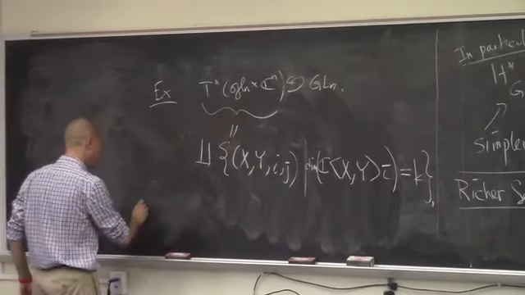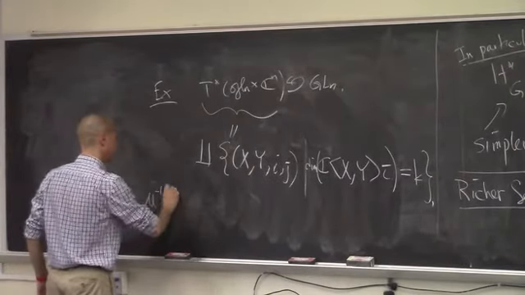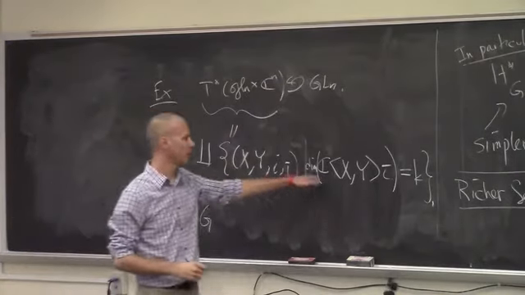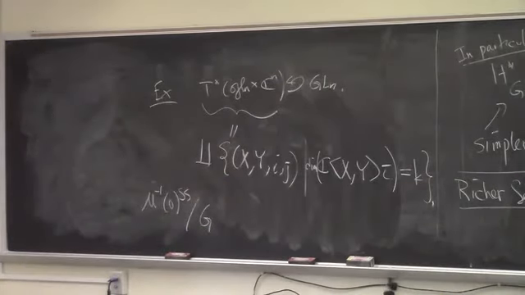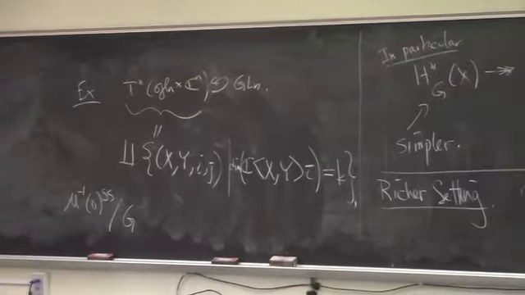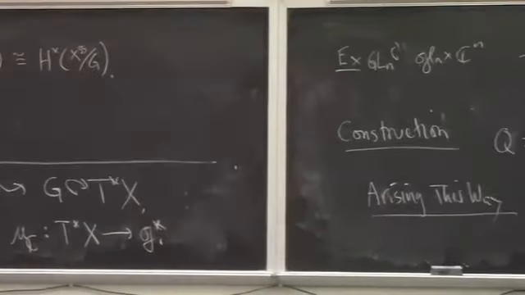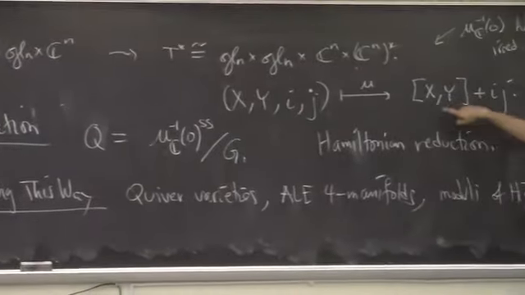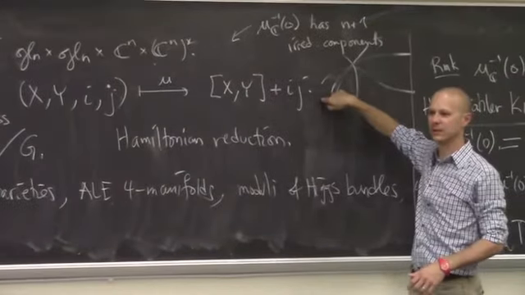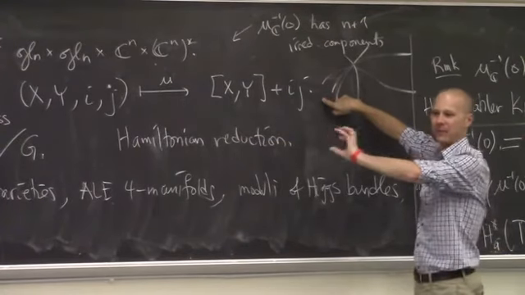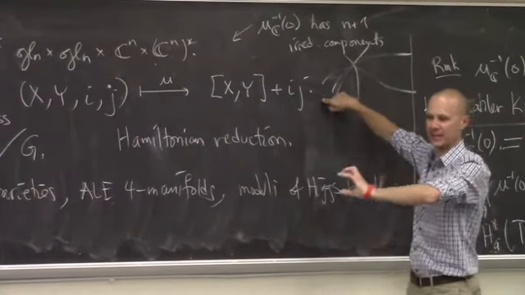In particular, if I take mu inverse of 0 semi-stable, modulo G, so that's the stratum where this vector is cyclic, generates the whole space. Now if I take the zero pre-image of the moment map, I'm almost saying that x and y commute. Not quite, but it turns out on that particular piece, it does imply that x and y commute.